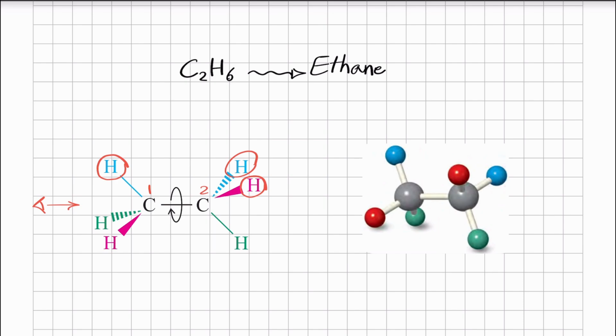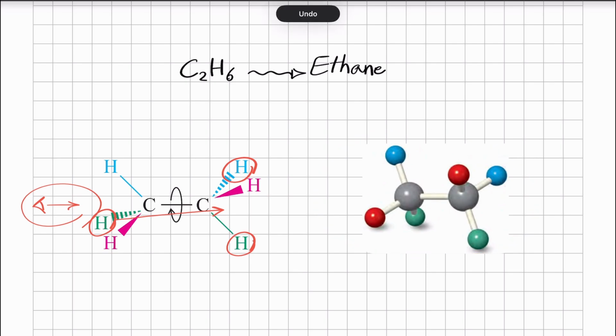This can be seen with any other hydrogen and pairs that you want. For example, this one. If you look at this one, you can say that this hydrogen gets exactly between these 2 hydrogens when you look from this direction.